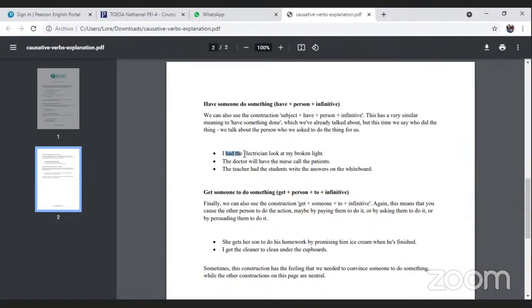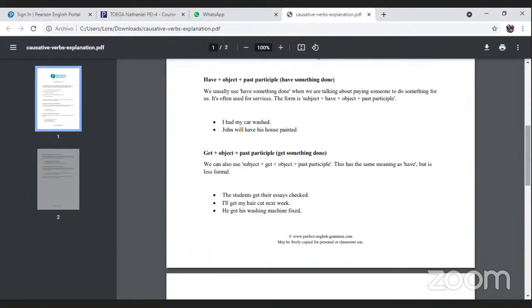In this case, it's in past, right? Had, the electrician is going to be the person, and after this you place the verb in the infinitive form. A difference is with get: the person, to, and the infinitive form of the verb. As you know, it's maybe to persuade someone to do something for us, right?